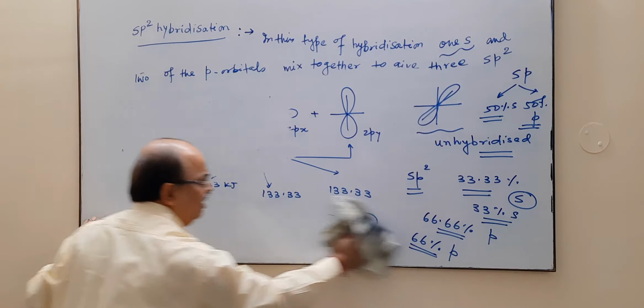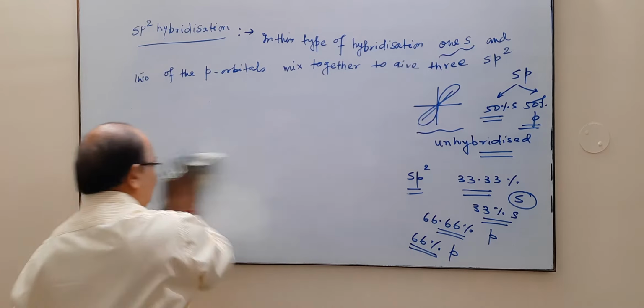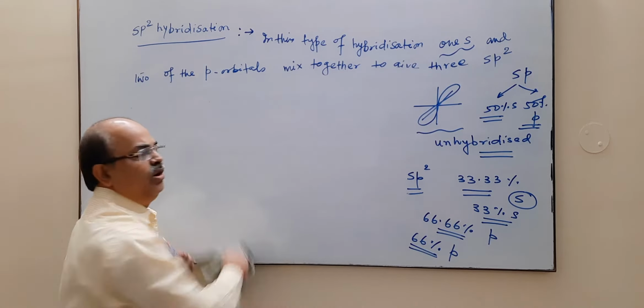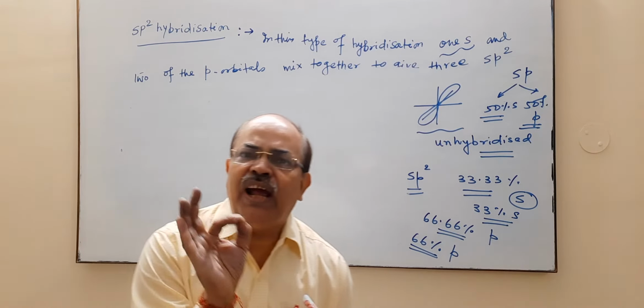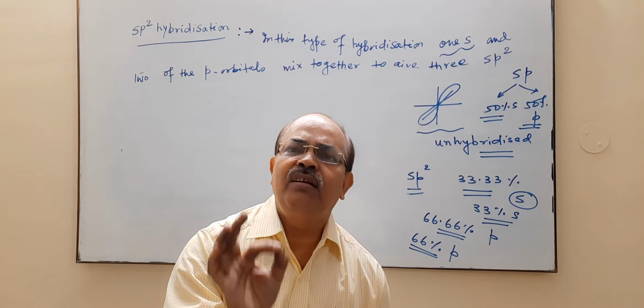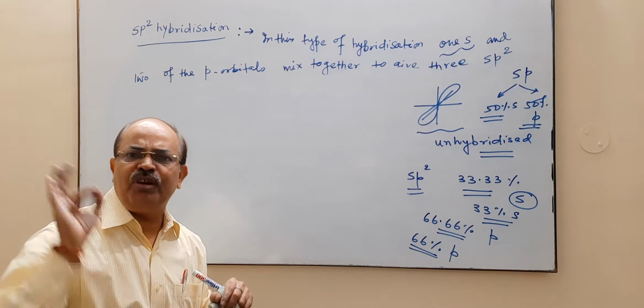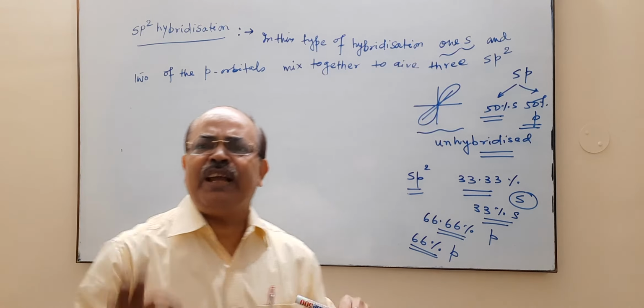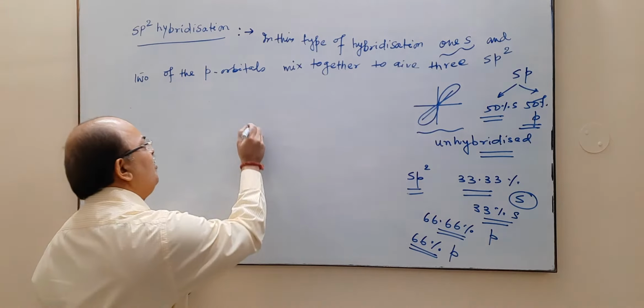Now these three sp2 hybrid orbitals, just imagine these three sp2 hybrid orbitals, they must arrange in such a way so that they should repel minimum। इन तीनों sp2 हाइब्रिड ऑर्बिटल्स को आप ऐसे अरेंज करिए कि इनका रिपल्सन मिनिमम हो। Then how we can arrange?